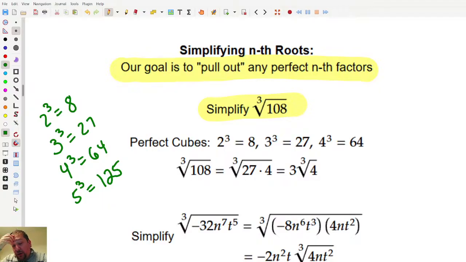And we're going to say, all right, which of these numbers, 8, 27, 64, 125, which of these, the biggest one of these, goes into 108 evenly? And the answer, again, just with some calculator work, I found was 27. Right, so this number right here, and it ended up being 27 times 4.